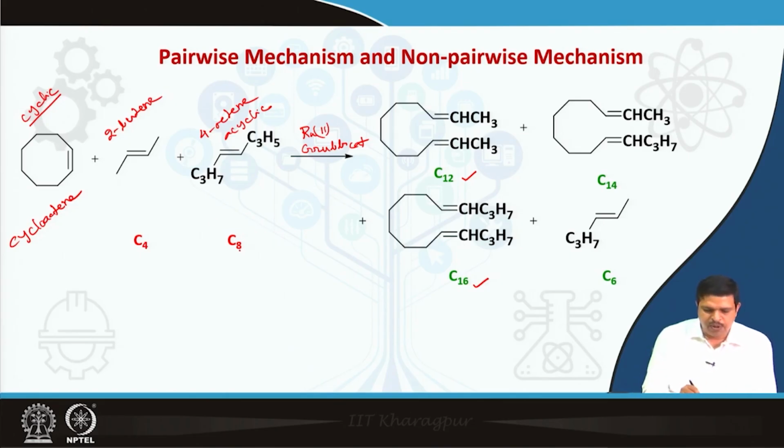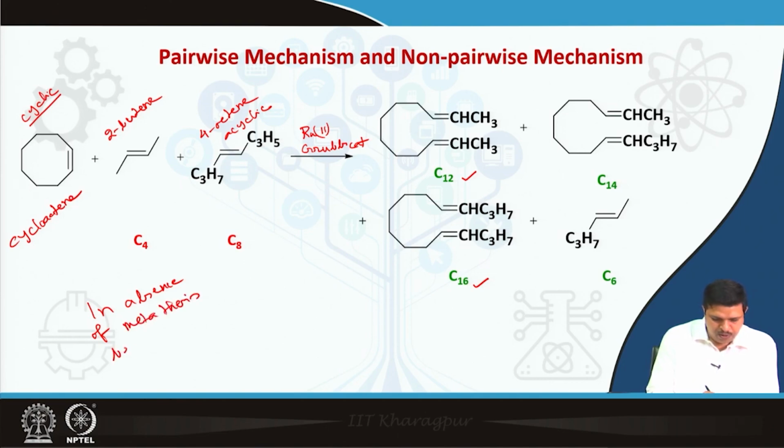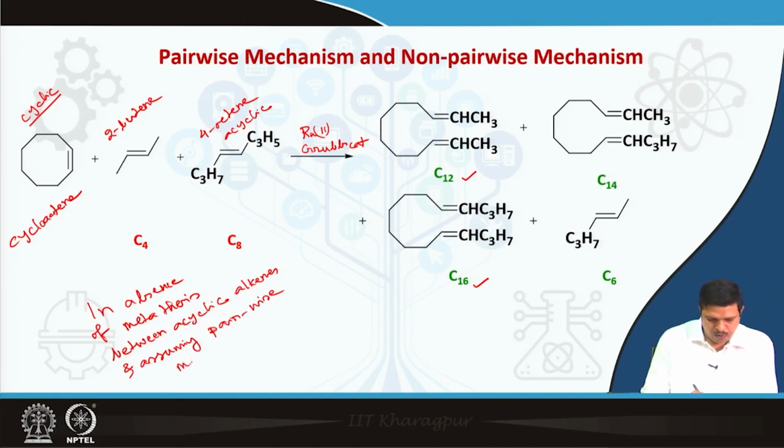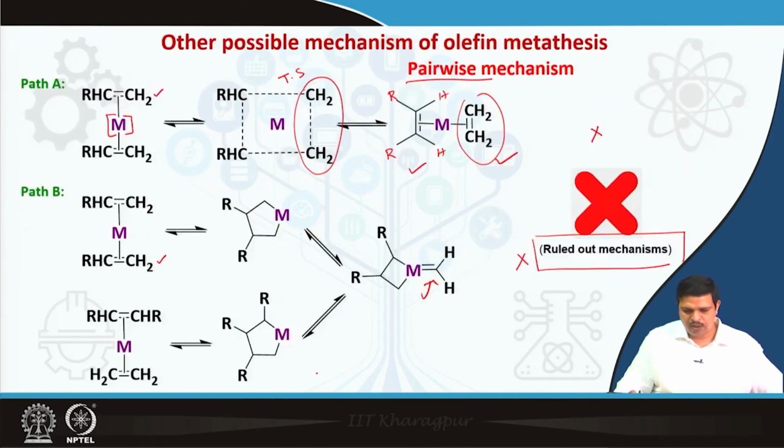So in the absence of metathesis between the acyclic alkene and assuming the pairwise mechanism, at the initial stage you should get only C12 and C16, because if you recall this mechanism, at the initial stage the alkene will form, so C12 and C12, that is the two alkenes you can get.